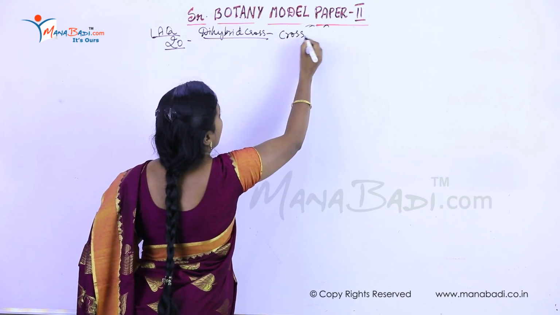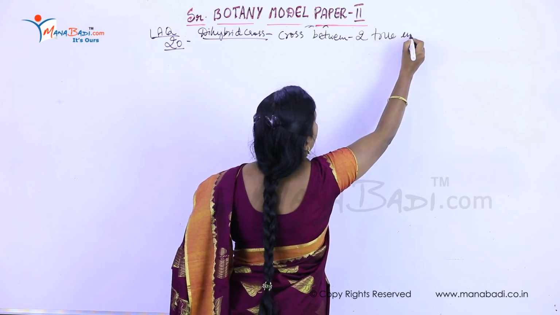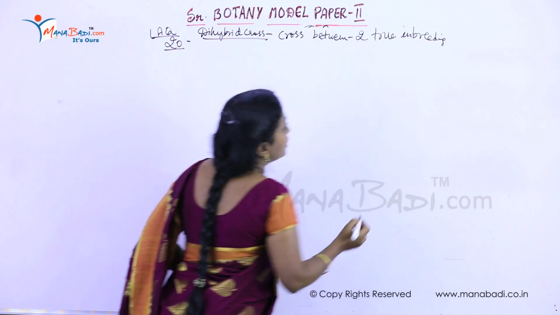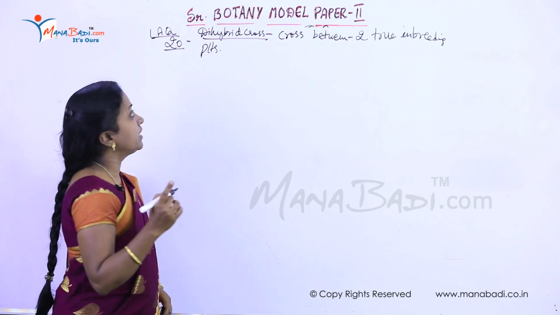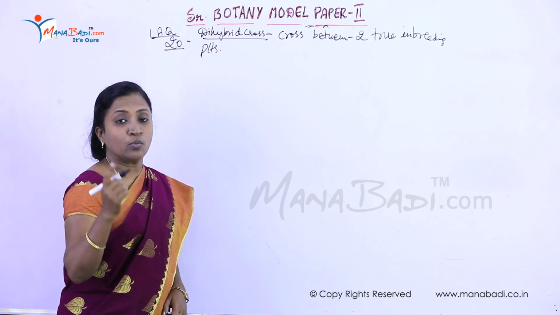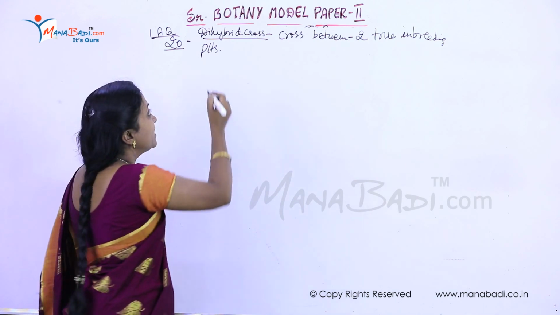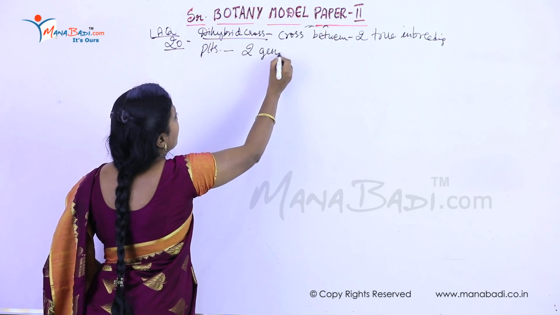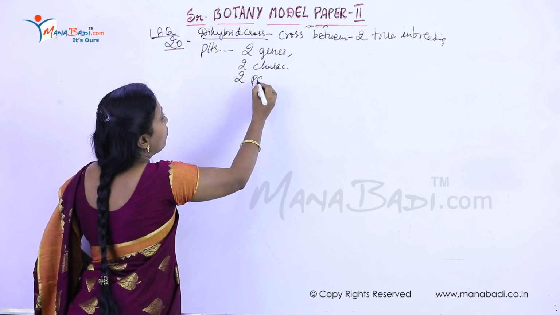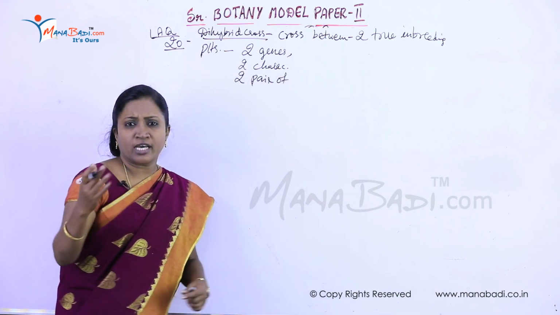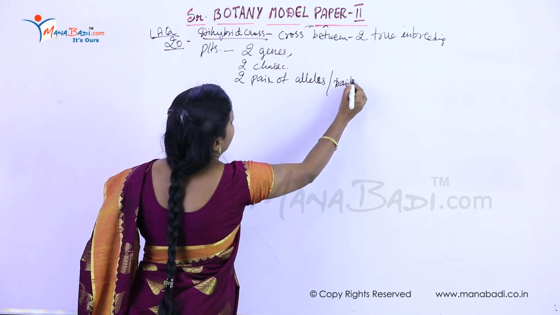It is a cross between two true breeding plants which differ in either two genes, or two characters, or two pairs of alleles, or two pairs of traits.